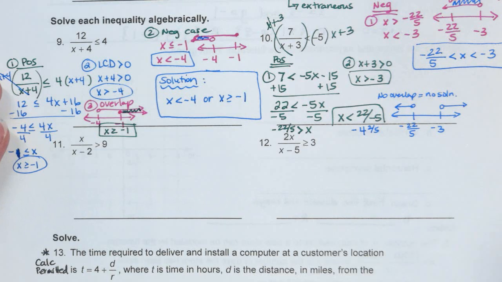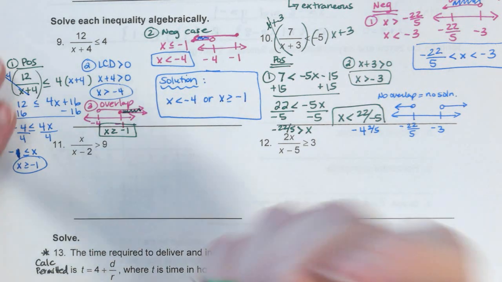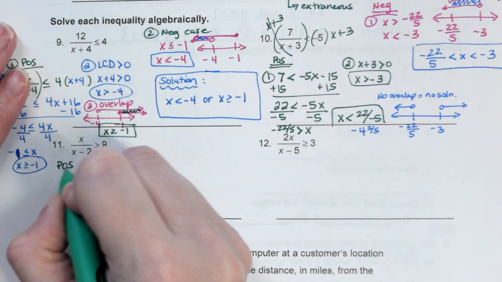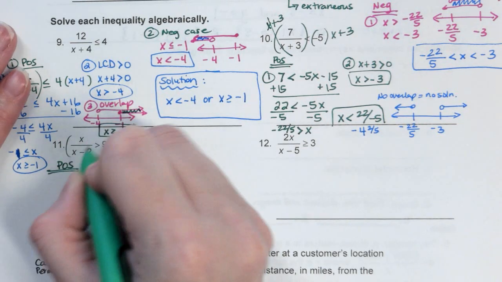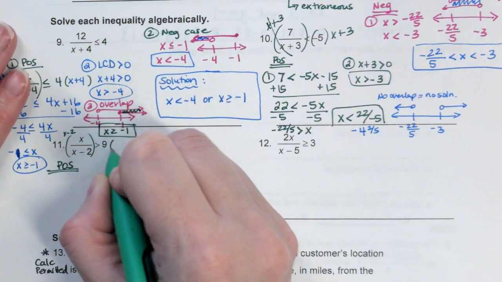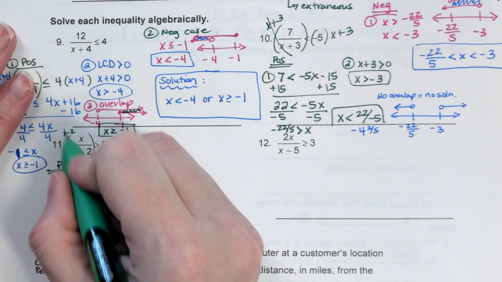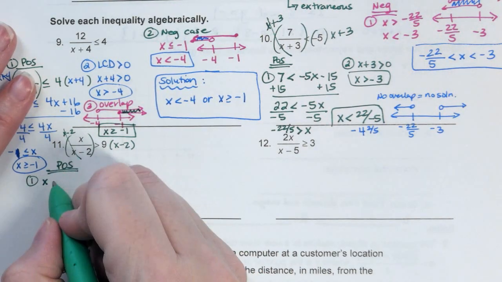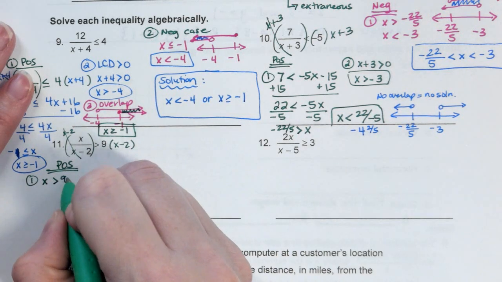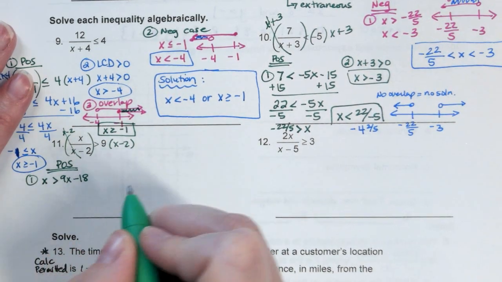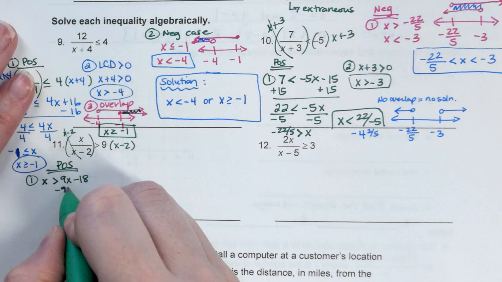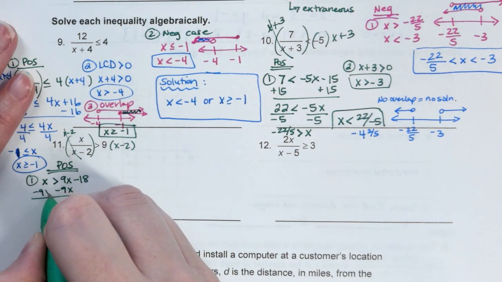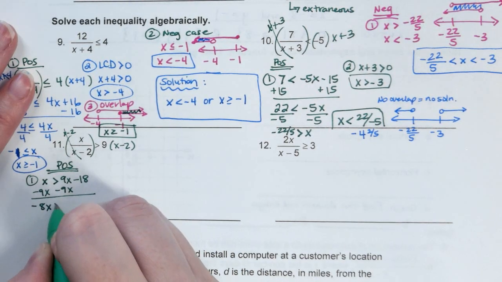So again, we'll start with the positive case. Okay, so when you multiply both sides by the x minus 2, those will cancel. You'll get x is greater than 9x minus 18. This is another one where if you move all the x's over, you do get a negative.